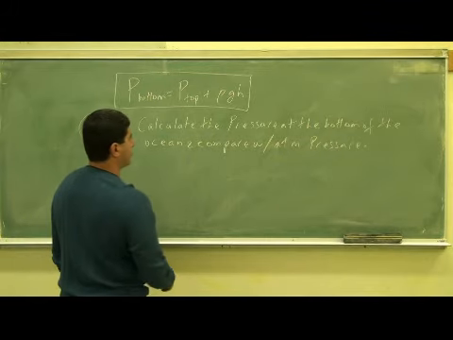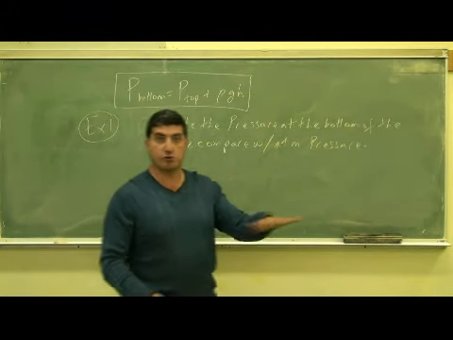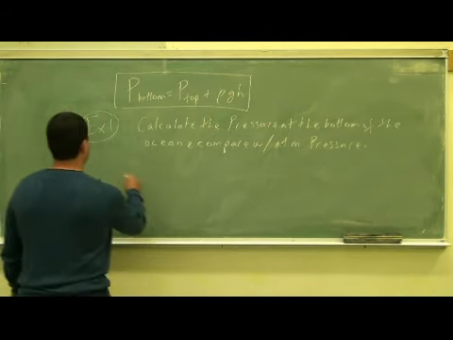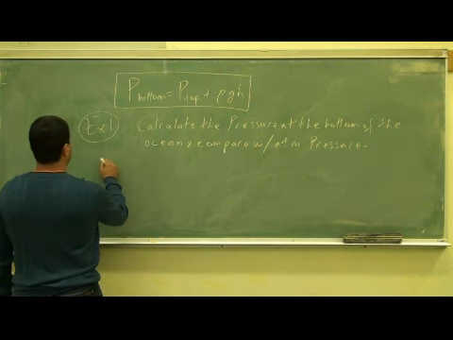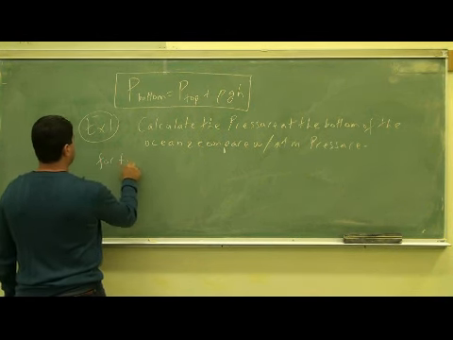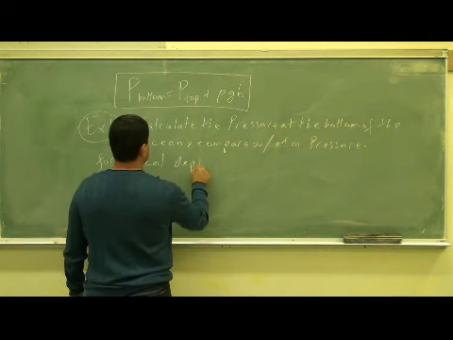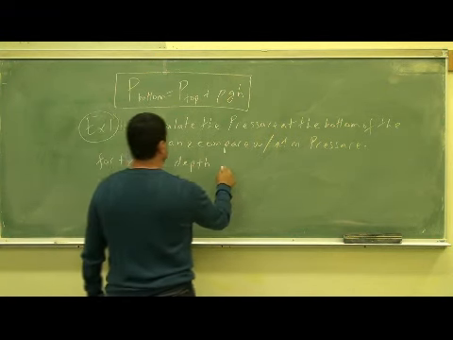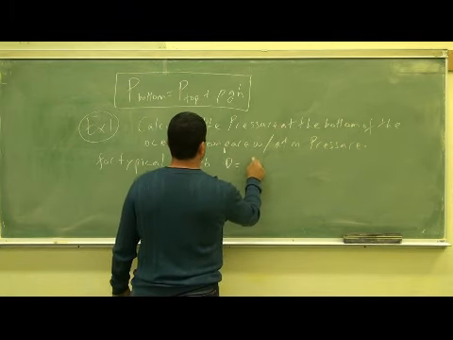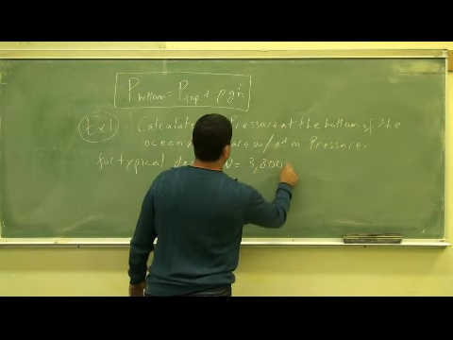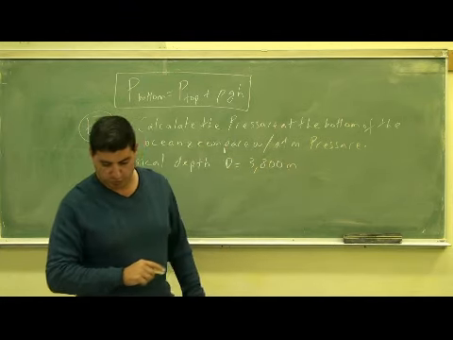So let's do the pressure at the bottom of a typical ocean, the average ocean. For typical depths, D is equal to 3,800 meters at the bottom of the ocean.